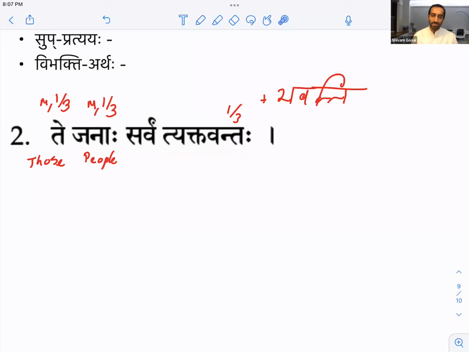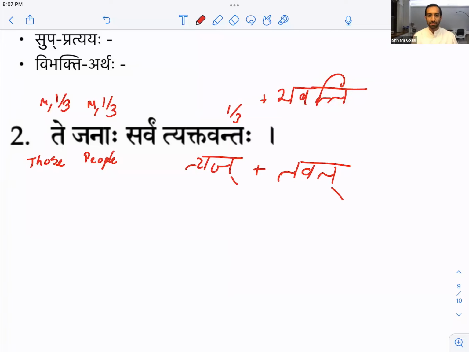Tyaktavantaha. Also samanadhikaranam. Tyaktavantaha is tyaj dhatu plus tavatu, right? Tavatu becomes tavat. When tyaj plus tavat, the ja becomes kakara, so it becomes tyaktavat.